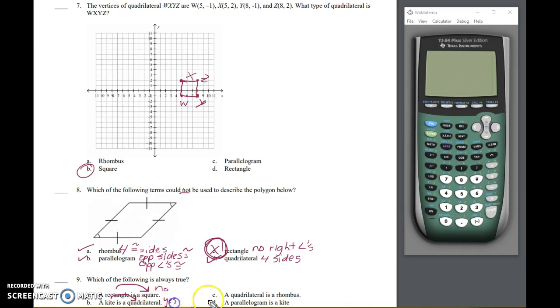Yes. Is a quadrilateral always a rhombus? That's a no. Is a parallelogram a kite? That's a no. So the only one that's really true is B. A kite is a quadrilateral. Okay, I'm going to pause the video to move it on up.